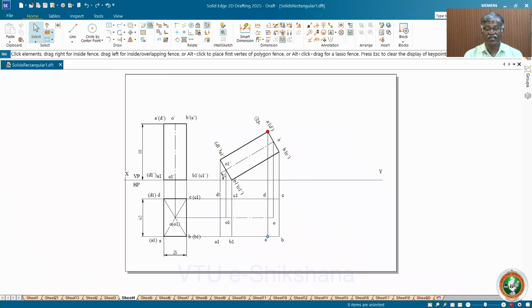If you look from this direction, I am here. Which is the nearest surface? The top face. So the top face is visible, the boundary line is completely dark, and this particular line is dotted because this is an invisible surface. Other than boundary lines, the remaining lines are dotted. That means only one line is left out of 4. See, A1 B1, B1 C1, C1 D1 and D1 E1.